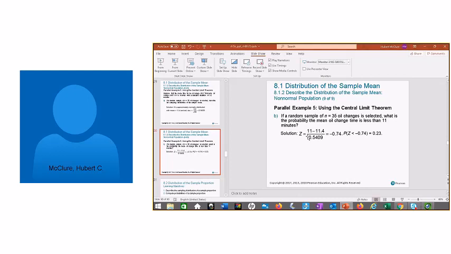An adjusted z-score. So you need to put right here, adjusted z-score is equal to 11 minus 11.4, because you're doing 11 minutes. So 11 would be right in there somewhere. But you don't want the 11, you want the z-score.